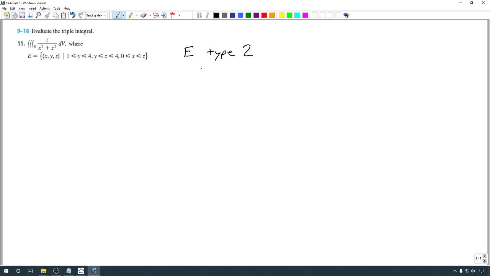So this is type 2. And whether you say D is type 1 or type 2 is up in the air, because we're not really going over x and y. But since y is first and then z, maybe you could say that our D in this case is type 1.